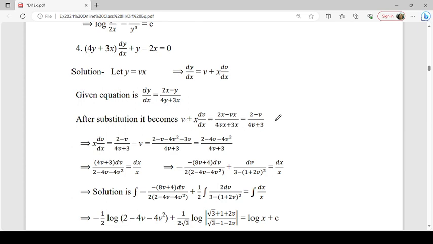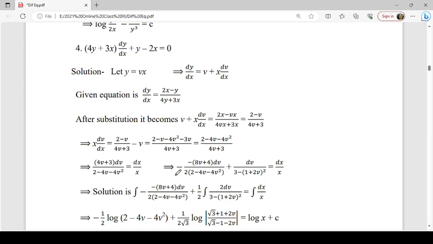V we are taking to right hand side, this becomes again minus v. After simplification, the new denominator is 4v plus 3 and numerator is 2 minus 4v minus 4v square. Then we take this to left hand side, so 4v plus 3 becomes numerator and this one is denominator.